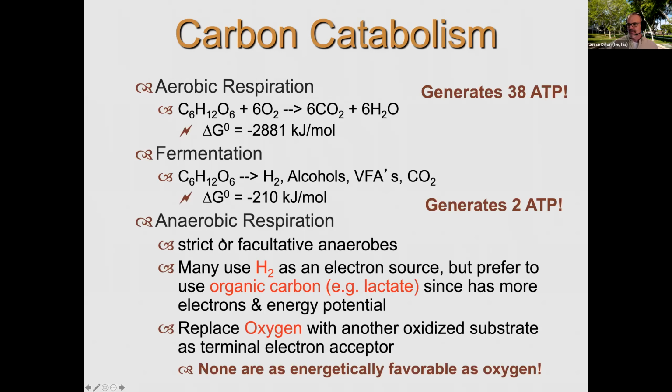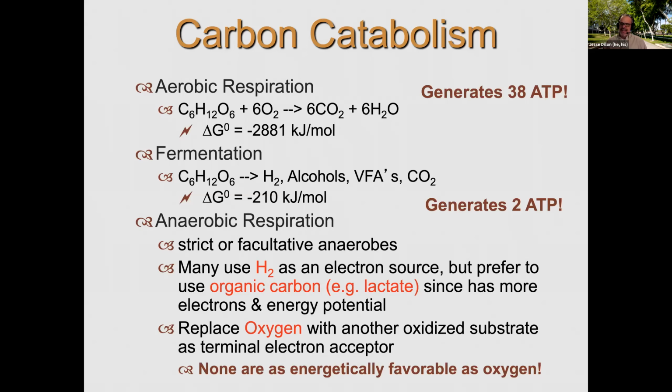But some of them, like sulfate reducers, are typically strict anaerobes, right? And they don't like to live in the presence of oxygen. They will be dead really quickly if you do expose them to that in many cases. For the respirers, many of them can use hydrogen as an electron source, right?